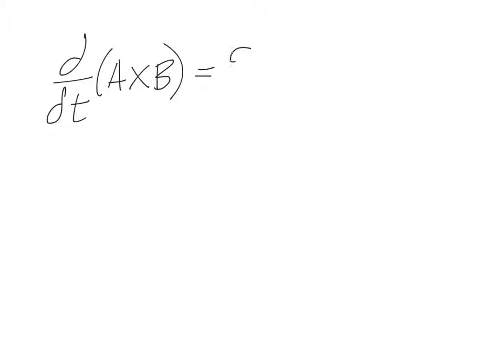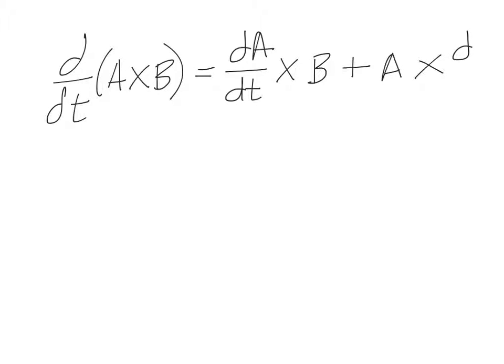The rule for taking the derivative of a cross product is, if I take the derivative with respect to time of A cross B, the result is going to be the derivative of vector A with respect to time cross the B vector, and then I'm going to add the A vector cross the derivative of the B vector. And so that's the rule that we're going to use here.